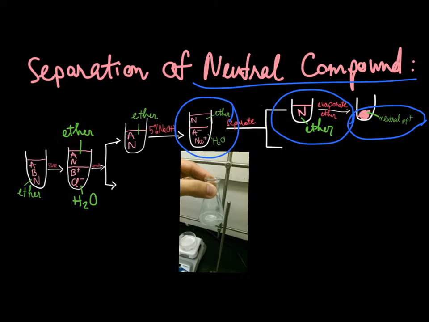One thing we need to remember is that only after we wash the ether layer with a saturated salt such as sodium sulfate do we evaporate the ether layer to obtain the neutral compound.